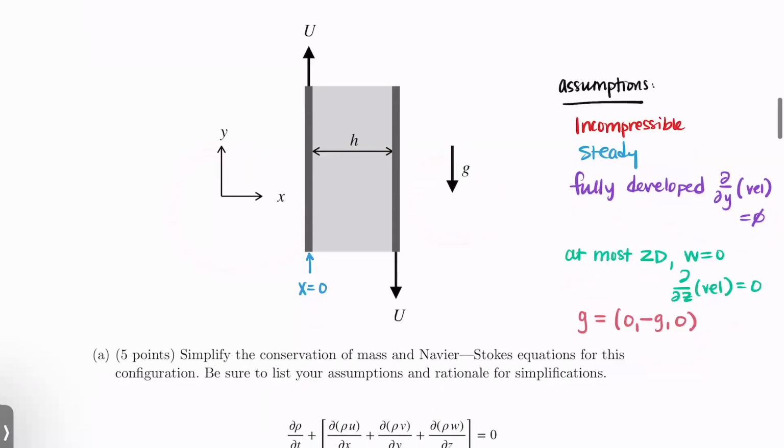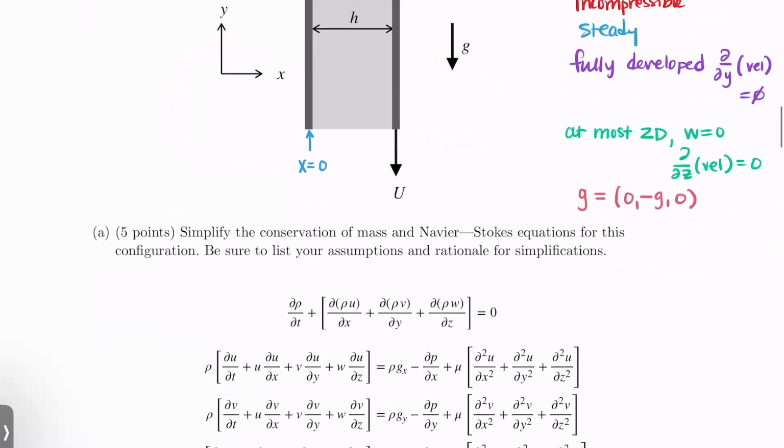Alrighty, so let's simplify. For incompressible, we know we can take the density out of our derivatives and divide through by it. So I'm going to get rid of density. The momentum equations, so Navier Stokes equations, are already written assuming incompressible, so we don't have anything to do with that. For steady, I can get rid of my time derivatives, of which there are 4.